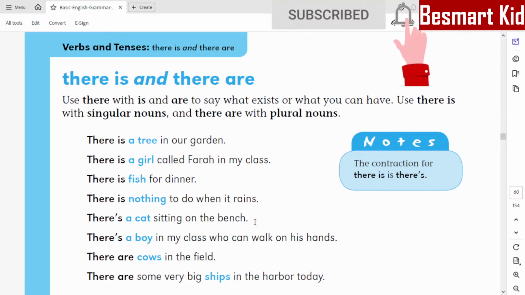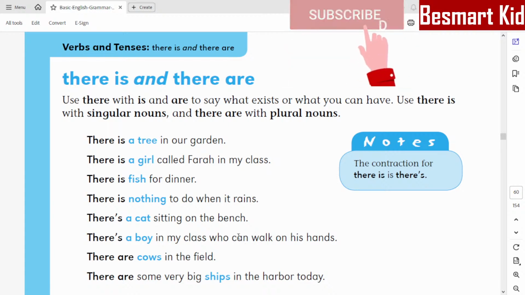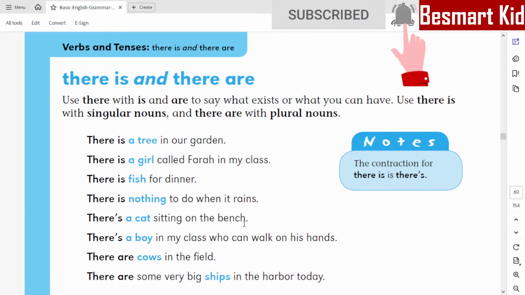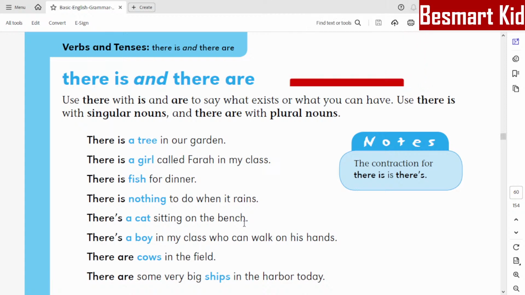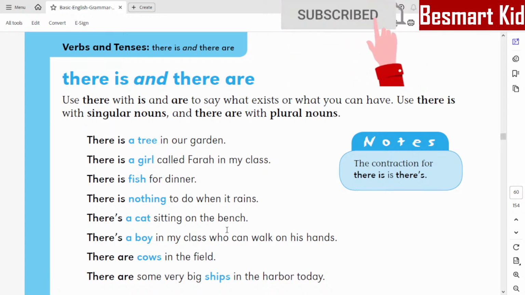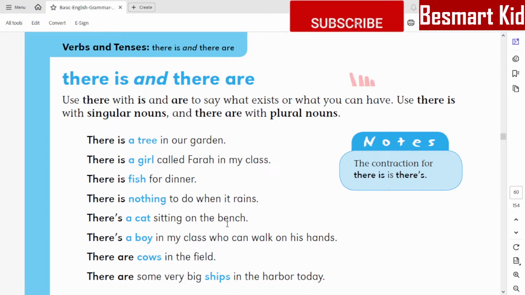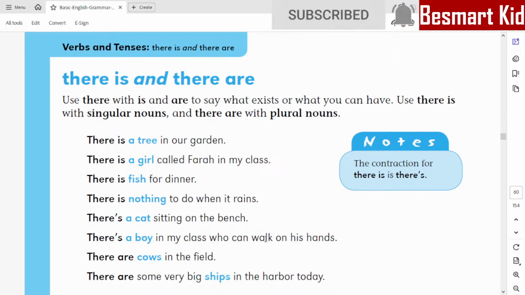There is a cat sitting on the bench. There's a boy in my class who can walk on his hands. The crowd is in the field. There are some very big ships in the harbor today.